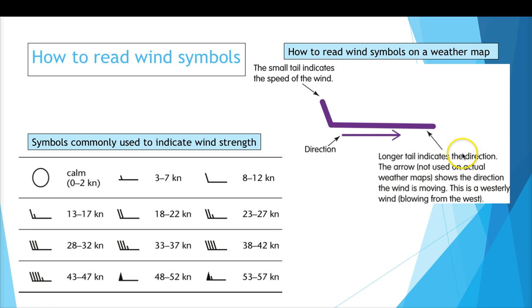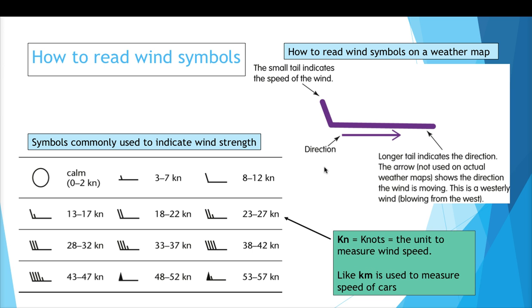So these again are weather symbols that indicate the strength of the wind in knots. Knots is the unit to measure wind speed, just like kilometres is used to measure the speed of cars. So this one here would probably be similar to this one there. I've got our tail there, and the direction of the wind.